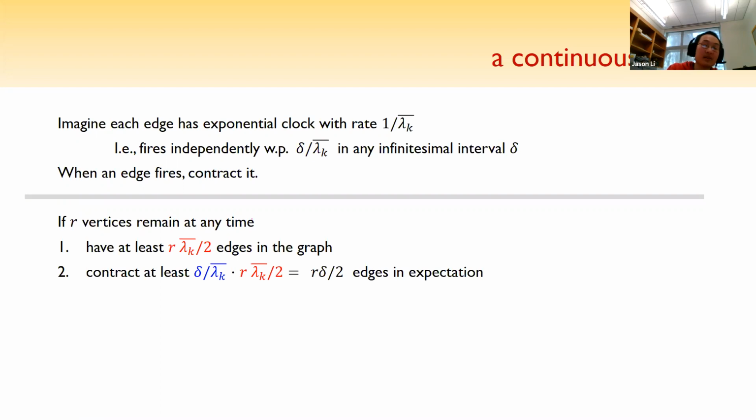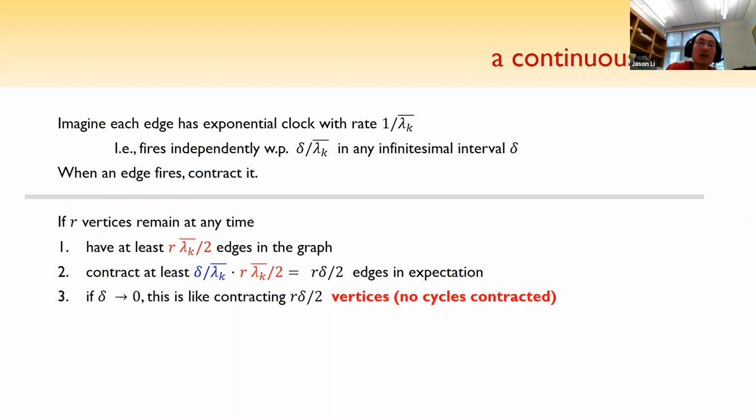Every edge gets contracted with probability delta over lambda k bar, so in expectation we should expect to contract r times delta over 2 edges. Again, if delta is very small, this is much less than 1.